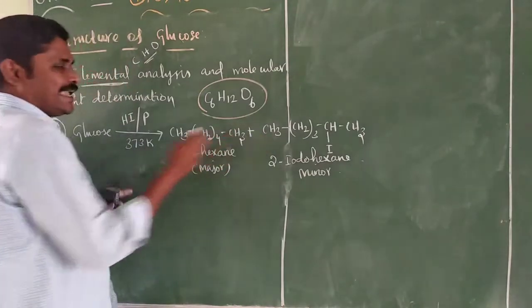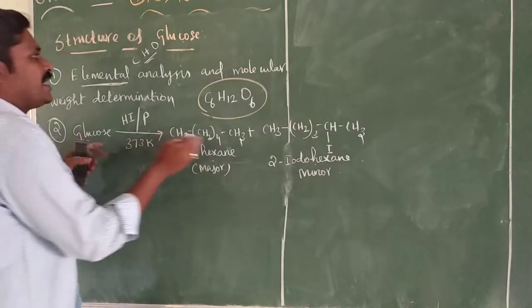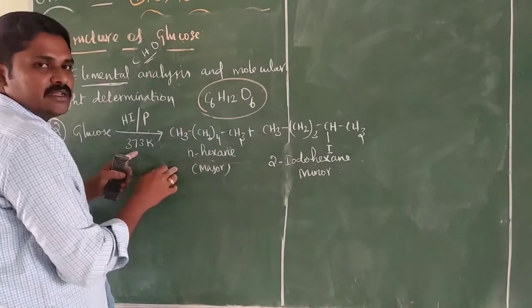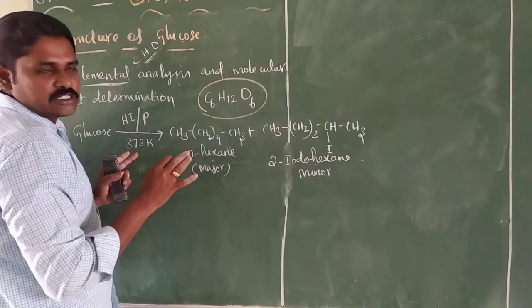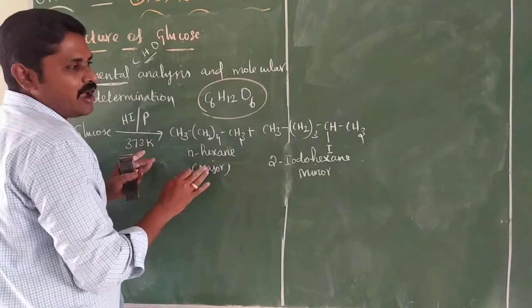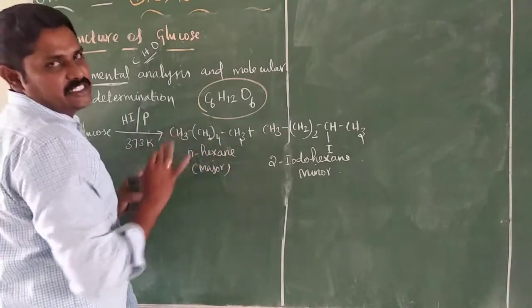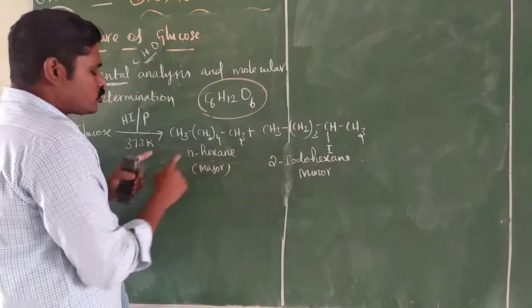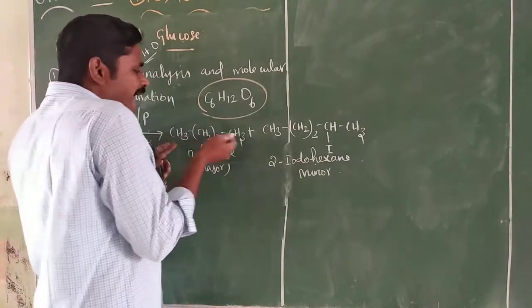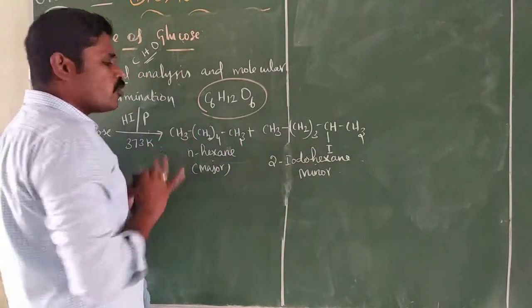This reaction indicates glucose contains six carbons in a linear chain. To give n-hexane, no branched carbon is present in the glucose structure.